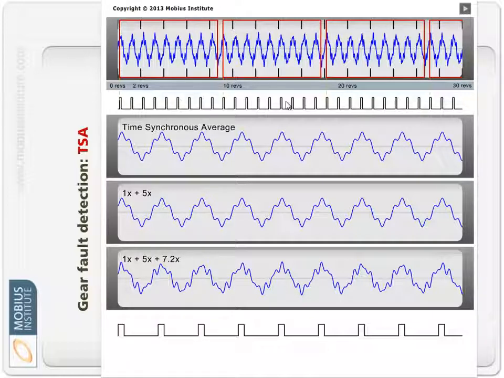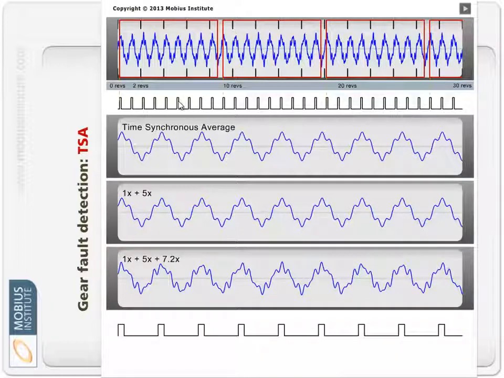But you can either use a tracking ratio synthesizer, or your analyzer may have the internal smarts to do it. And what it basically does is it says, okay, this is the once per rev of the input shaft, and I know that the intermediate shaft speed is at 4.67 times that speed, or it might be at a lower speed. Whatever it is, you tell the tracking ratio synthesizer or the analyzer what that ratio is. And if you like, it synthesizes the tack signal that would have come from that intermediate or output shaft.